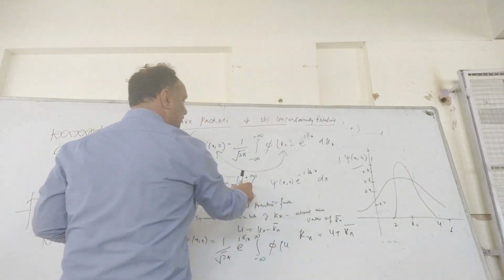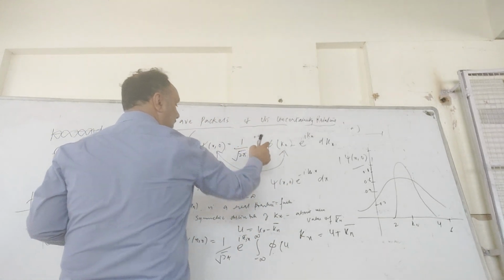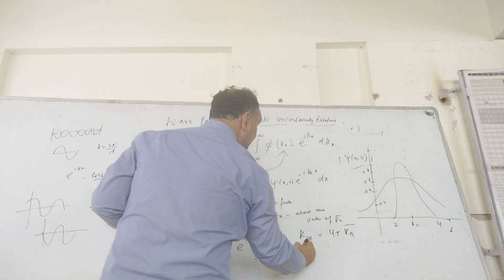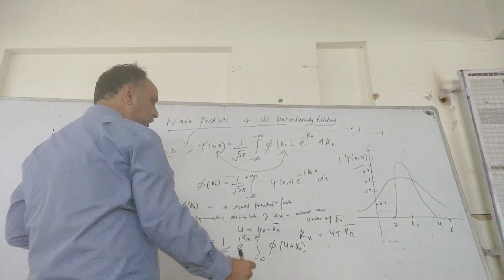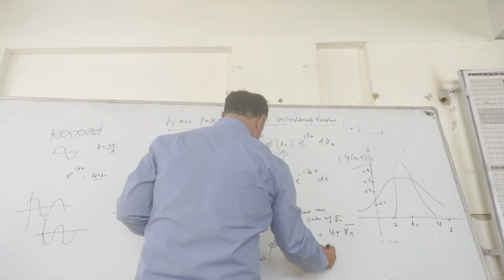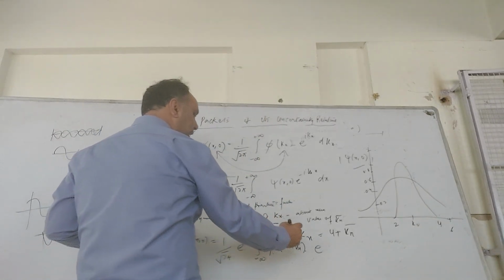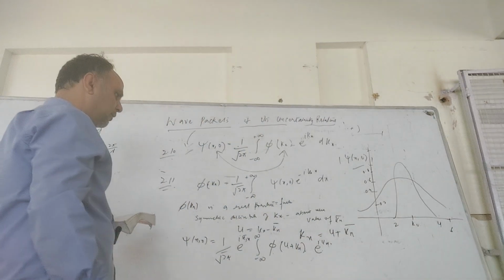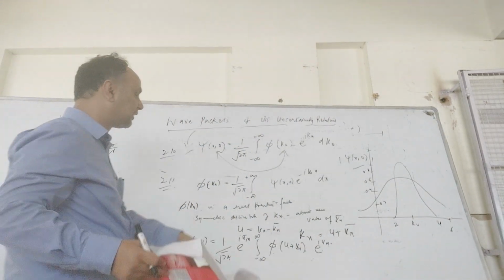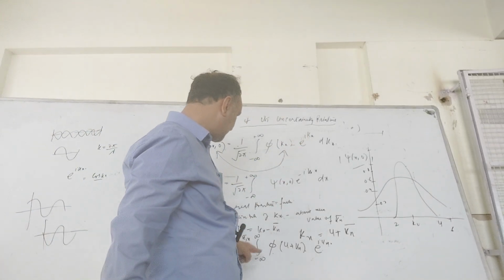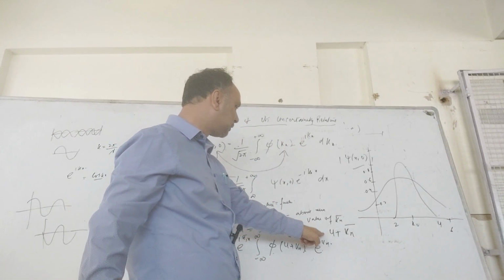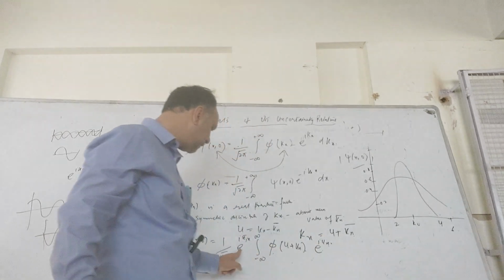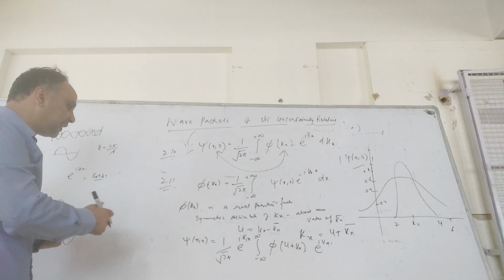Sorry, this one I was supposed to put here: phi of kx, instead of kx we write u plus kx. So we have e to the power iota ux, and instead of kx we have written u minus u plus kx. The e to the power kx we have brought outside, so we can write it like this also.